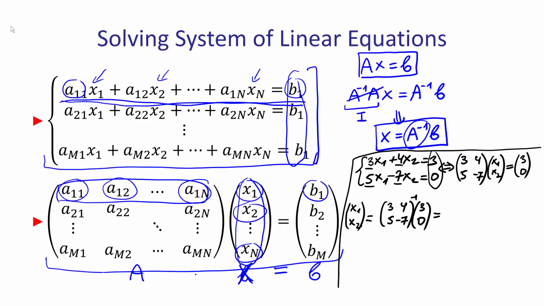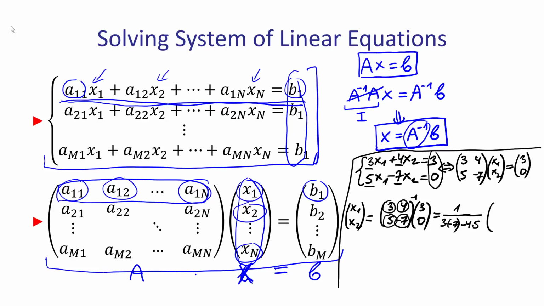Just to remind you the formula for the second order, the inverse matrix of A, B, C, D, you need to make here 1 divided by the determinant, which is 3 multiplied by minus 7, minus 4 multiplied by 5.